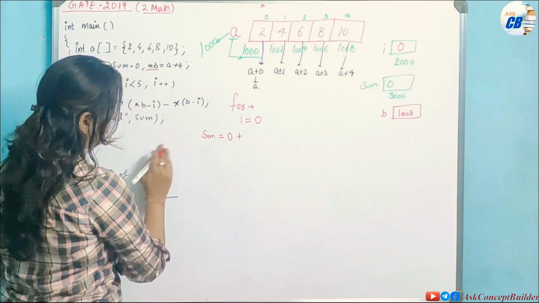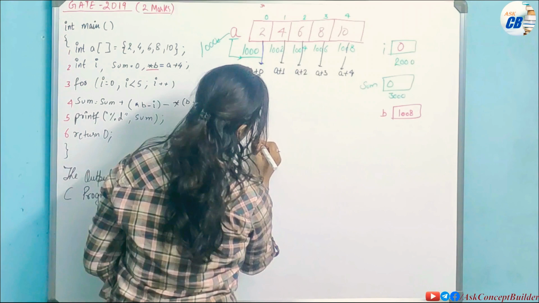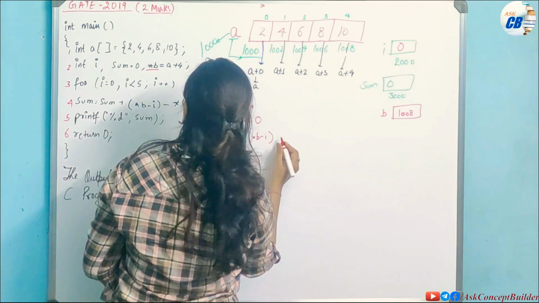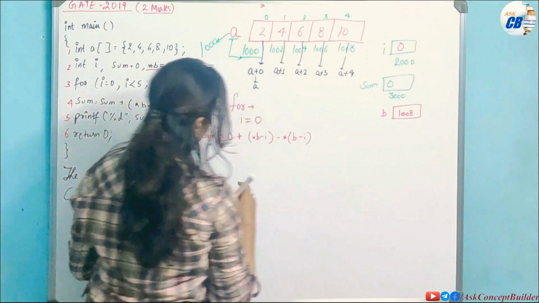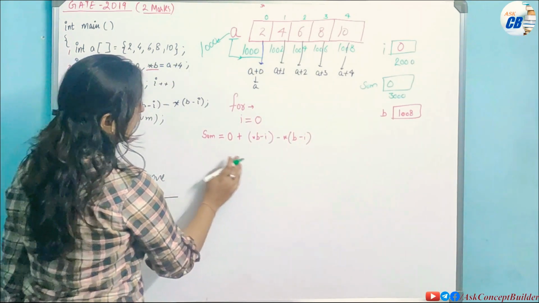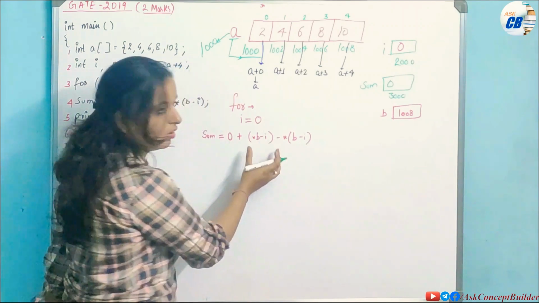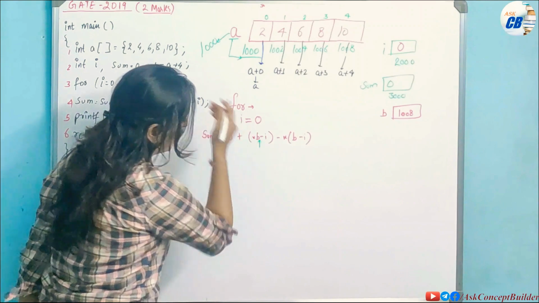Now see here, star of b minus I minus star of b minus I. Now what is this? We have to solve the bracket first. What is your b value?